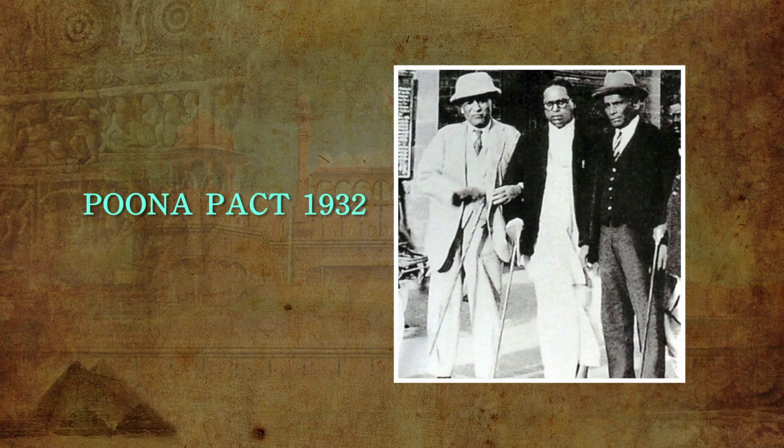Gandhiji began a fast unto death because he believed that separate electorates for Dalits would slow down the process of their integration into society. Dr. B.R. Ambedkar accepted Gandhiji's position, and the result was the Pune Pact of September 1932.